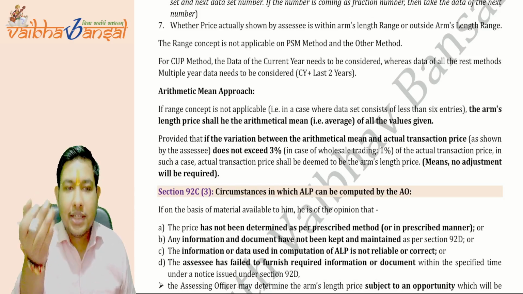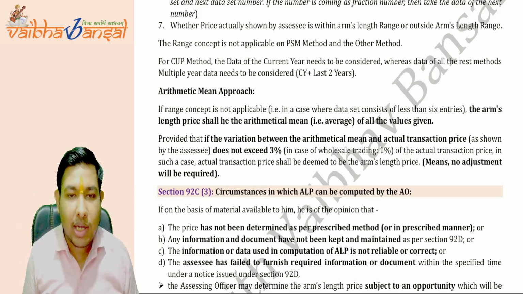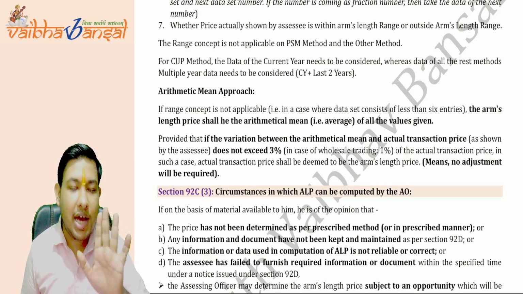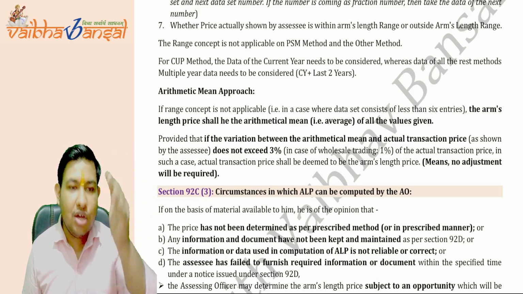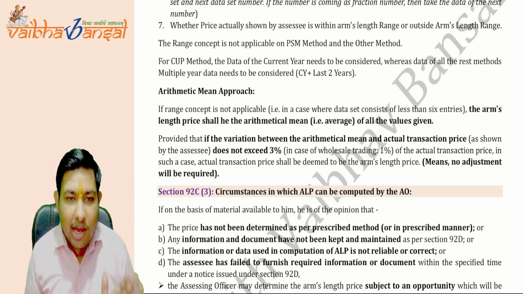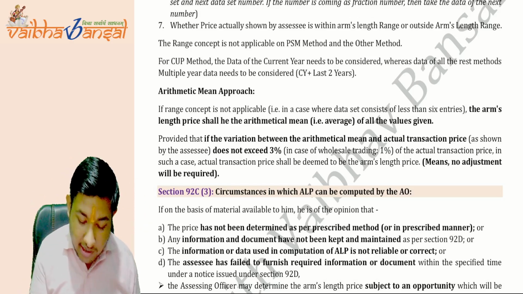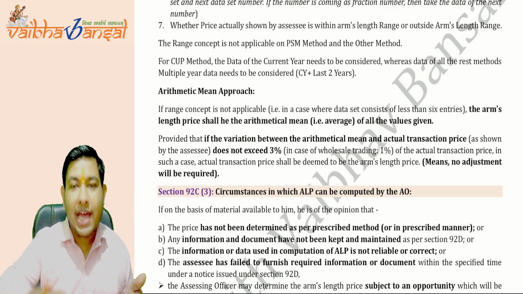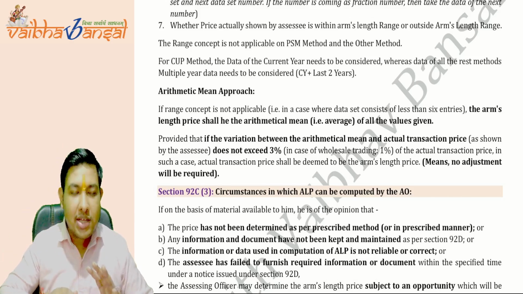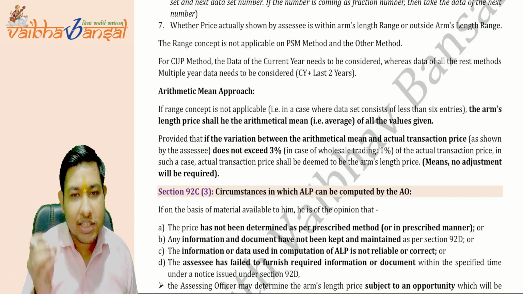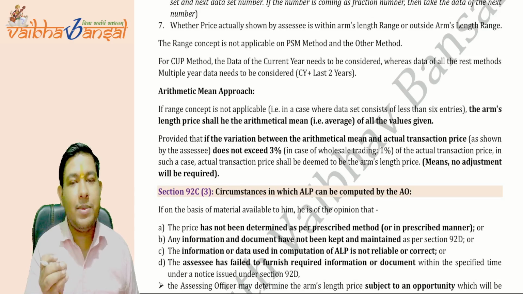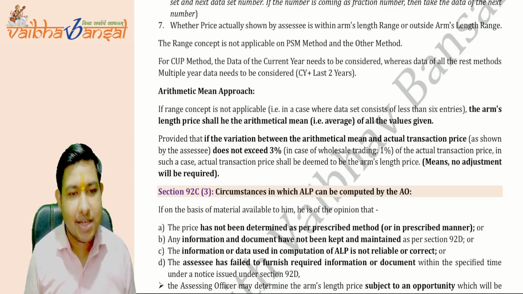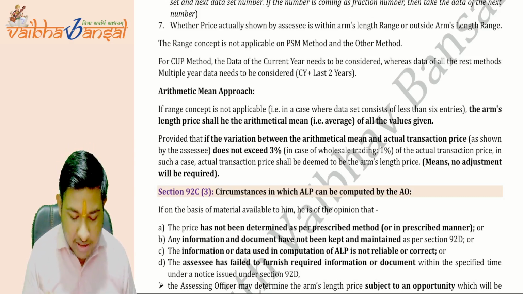If it exceeds 3%, then only we will say it is not at arm's length price, and the AO will compute your arm's length price. If that average is within 3% variation of your actual transaction price, then it will be considered as the arm's length price. The transaction has occurred at arm's length price. I hope it is very much clear to you all.